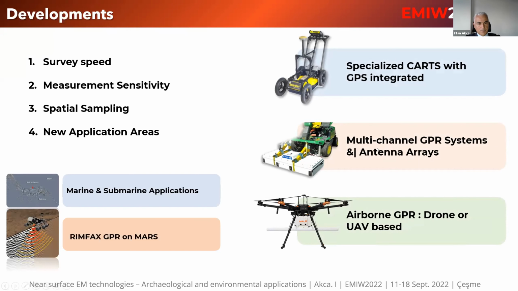Multi-channel GPR systems is another development which also increases the resolution and the survey speed. For rough terrains or large areas, the main development may be referred to as the airborne GPR, which is loading our GPR equipment onto drones.